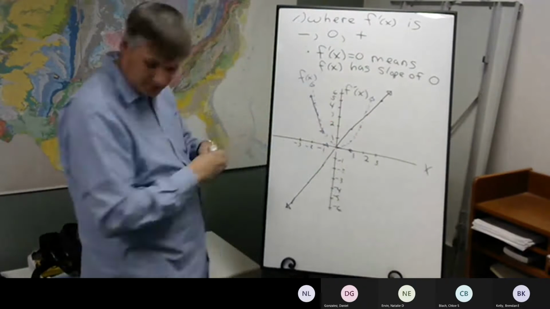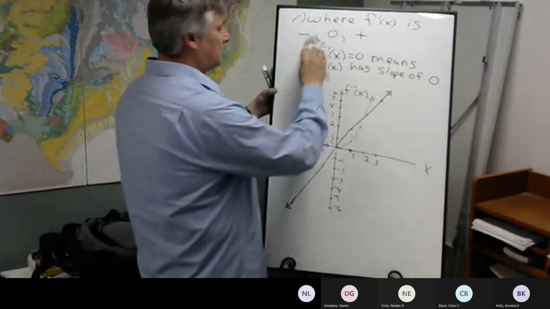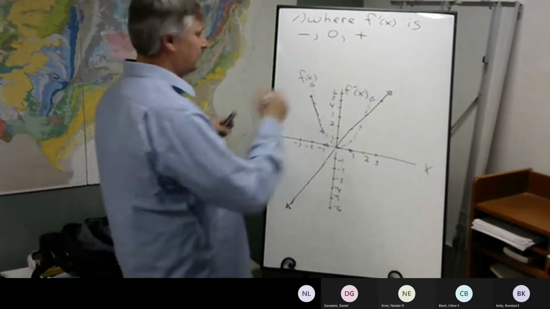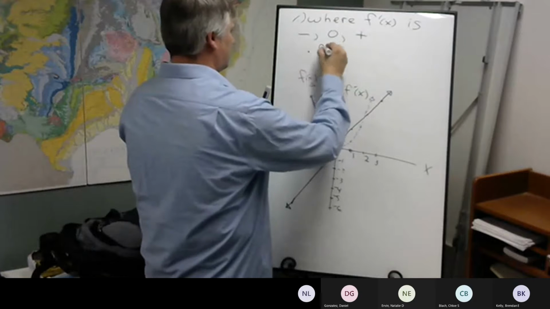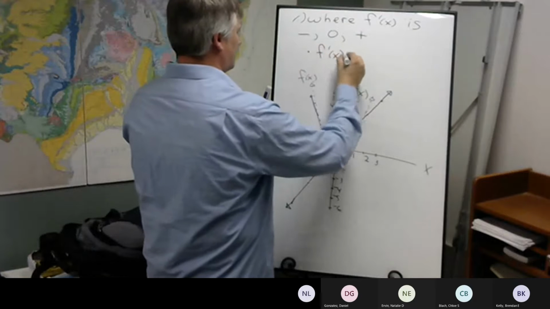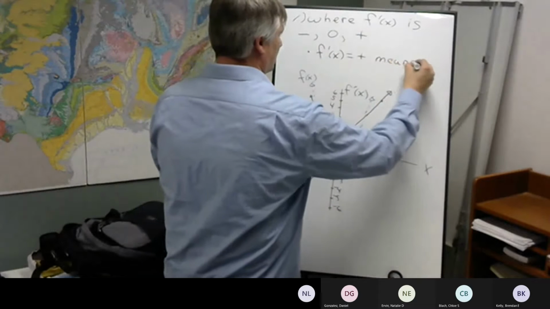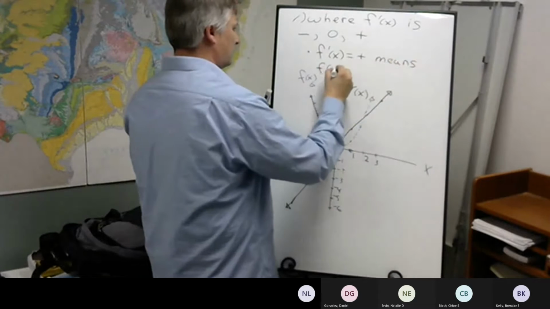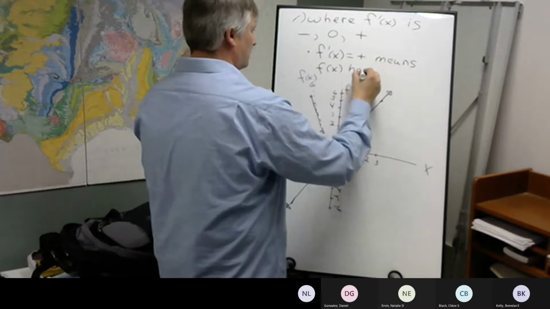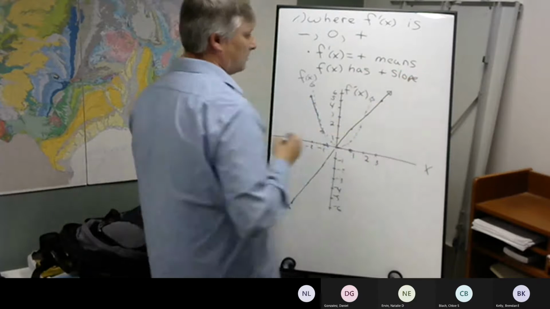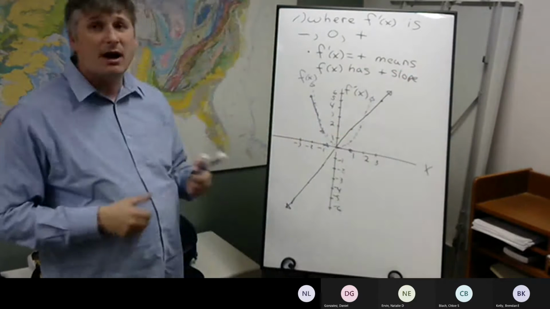And then likewise, where f prime of x is positive, this means f of x has a positive slope.